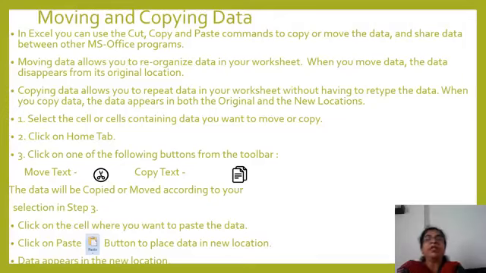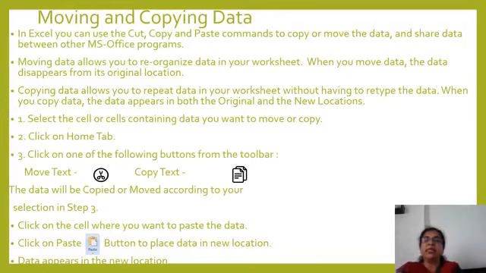When you copy, the data appears in both the original and the new locations. Means in the cut procedure, it gets moved from the older location to a new location, whereas in copy, the original data remains as it is and one more new copy of the data is prepared. How to do that?